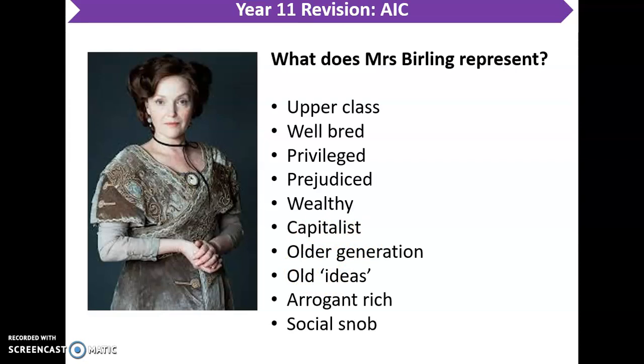She's part of the older generation, a generation that Priestley saw as being incapable of change. She also represents, as we'll see today, old ideas, traditional, old-fashioned thinking. She's an arrogant rich woman, and she is a social snob. So these are all the things that Mrs Birling embodies and represents.